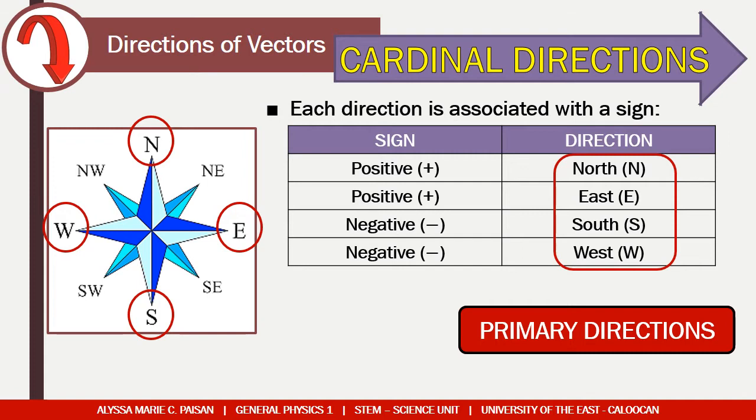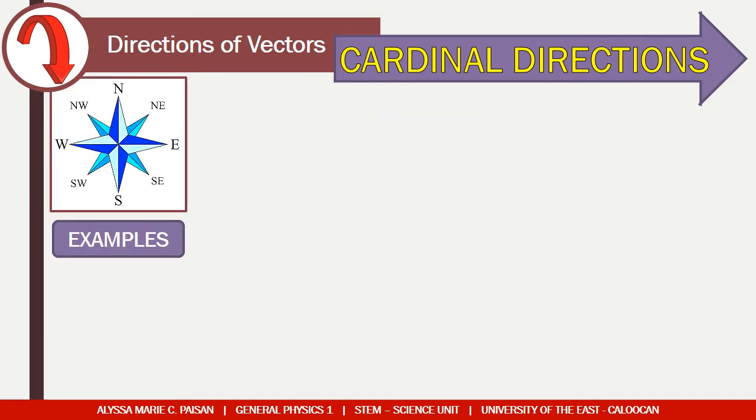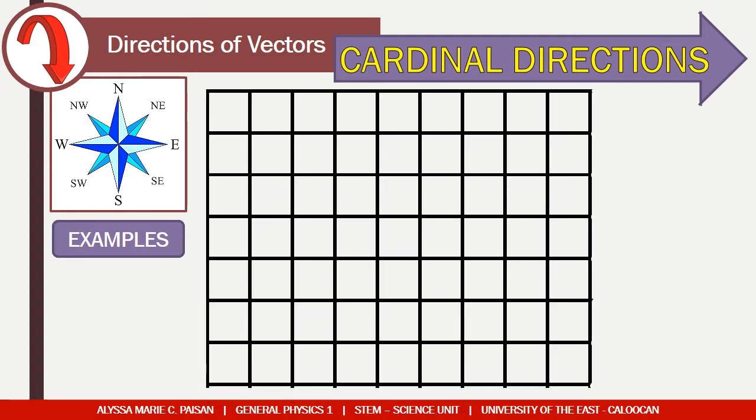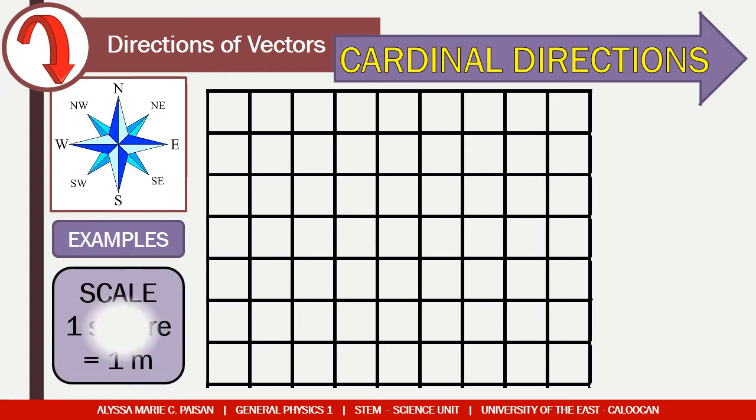Let's have some examples. Here is an example of a grid line. So we're going to follow the scaling of vector diagrams, and let's use a scale that is 1 square is equal to 1 meter.